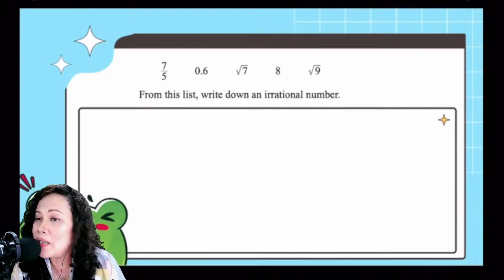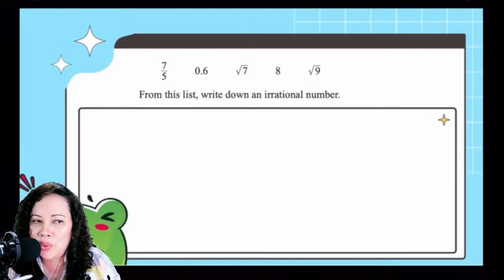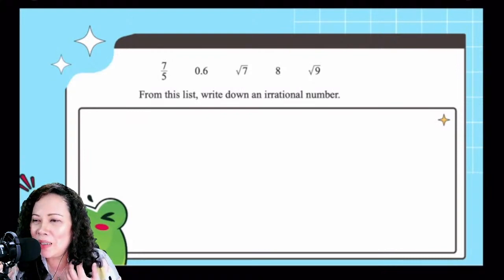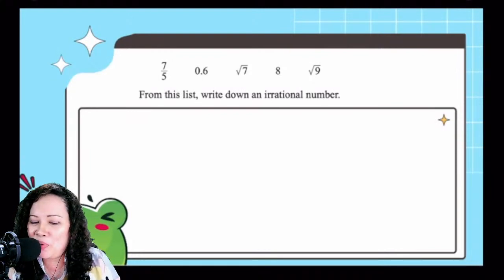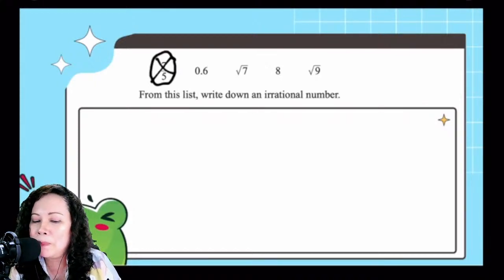So let's go back to the description of irrational numbers. Irrational numbers are numbers that cannot be expressed in ratio form or fraction form. So since this is in fraction form, that means this is not irrational.